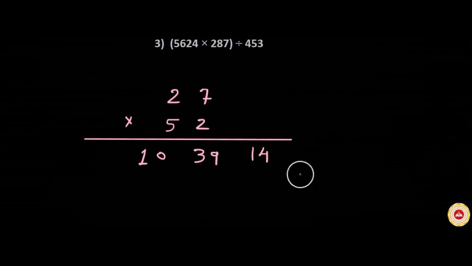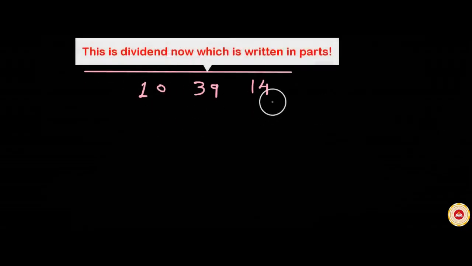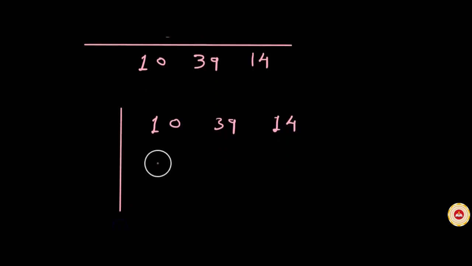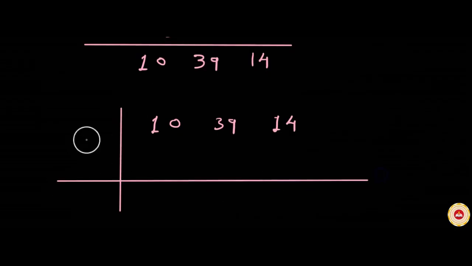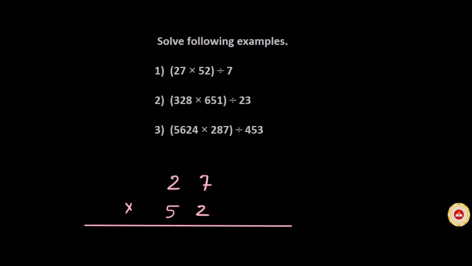So let us make this the dividend and divide it. The dividend is in the form of parts. Okay, so let us write the dividend here properly: 14. Let us draw a vertical line, a horizontal line, and what is the divisor? The divisor is 7.